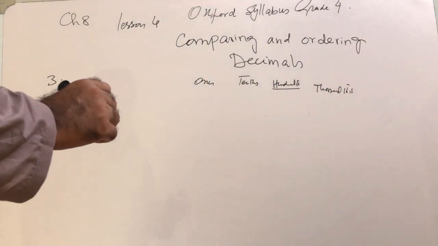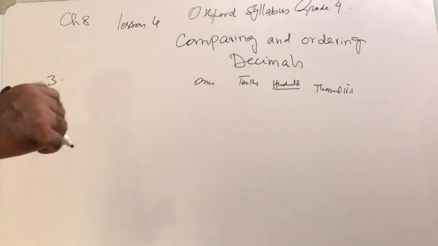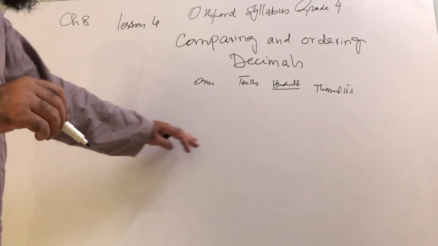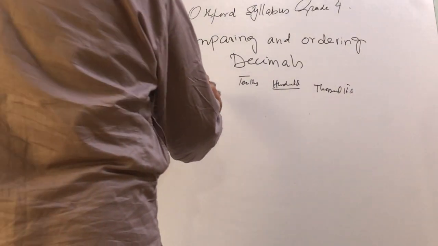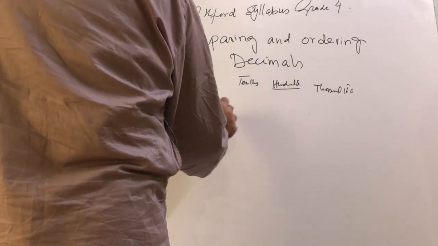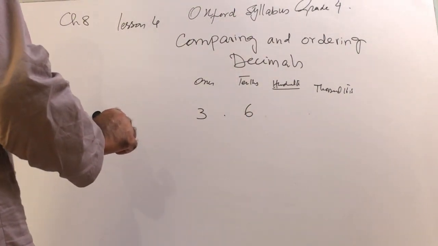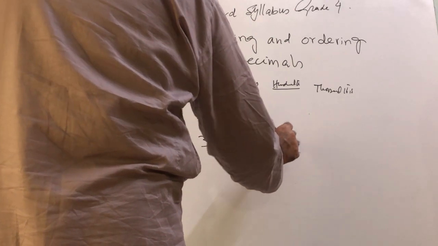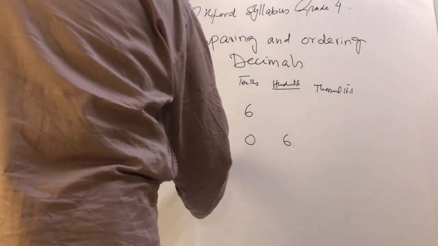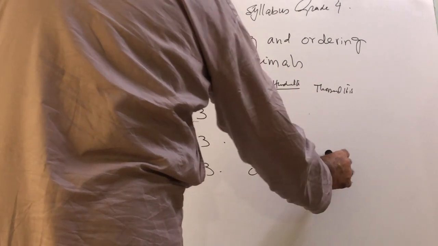We need to write them in decreasing order. First will be the bigger, then smaller, like this in decreasing order. 3.61, this is 3.6 will come here. Then 3.06, third one is 3.066.